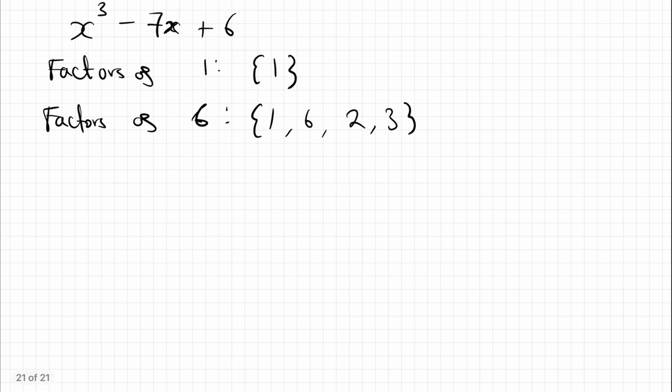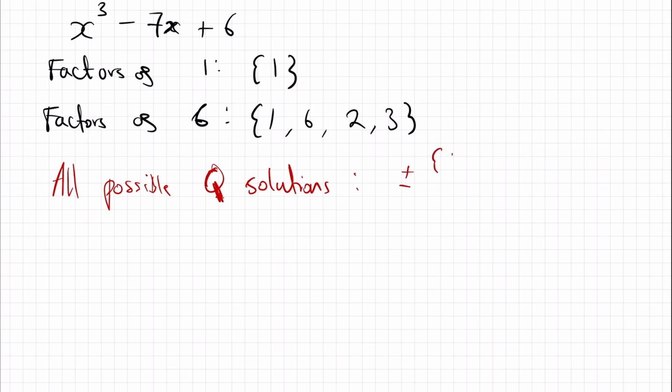So we've got all possible rational solutions. I think it's Q for rational, though might be wrong, but yeah, so all possible rational solutions, and we've got plus or minus 1, 6, 2, 3 over 1.